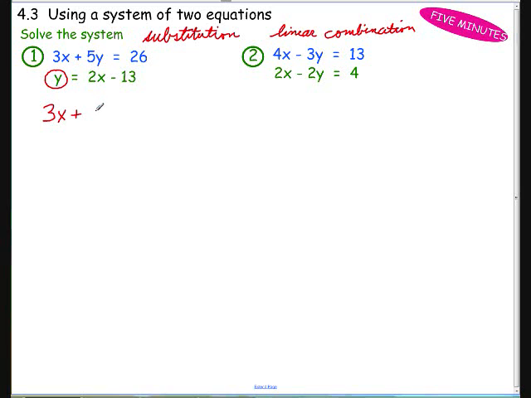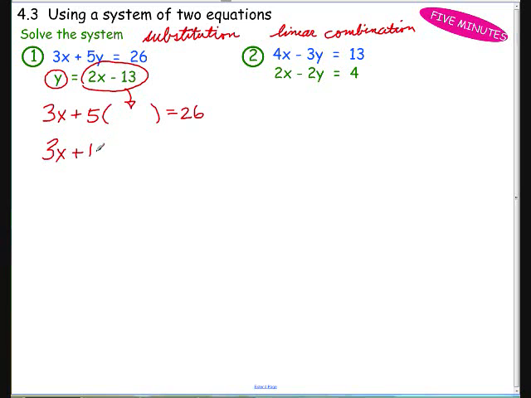We're going to take equation number 1, and instead of writing y, we're going to write y's equivalency in terms of x. So that goes right in there. Then we'll have 3x plus, we're going to distribute the 5 to both those terms.